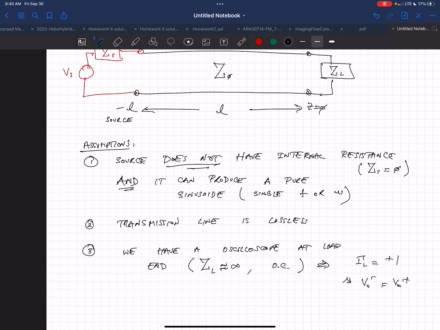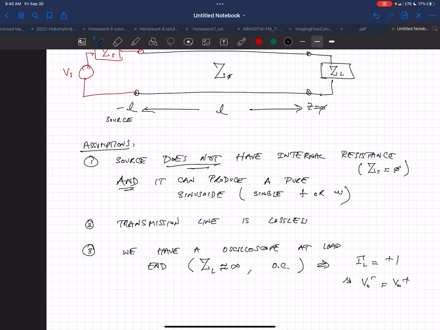Remember, the reflection coefficient is Z load minus Z0, the characteristic impedance, over Z load plus the characteristic impedance. There are a few cases to remember. You just plug in the numbers.